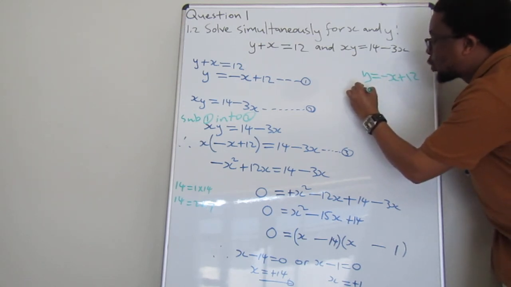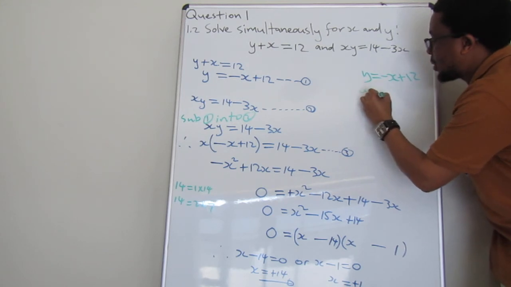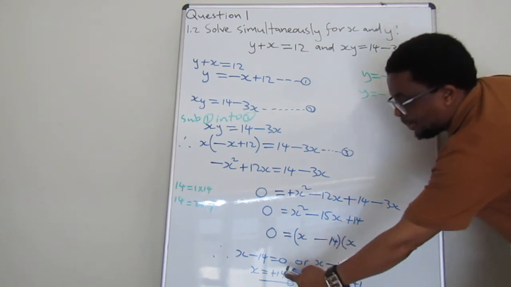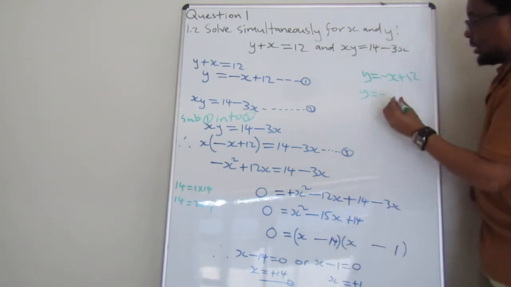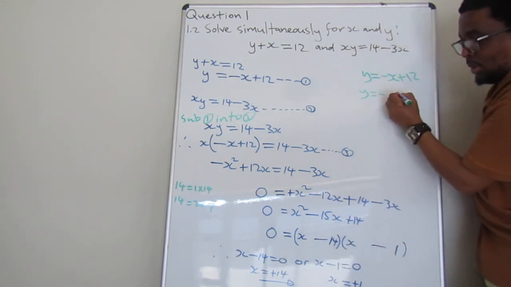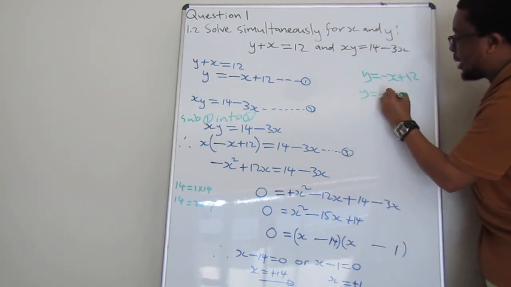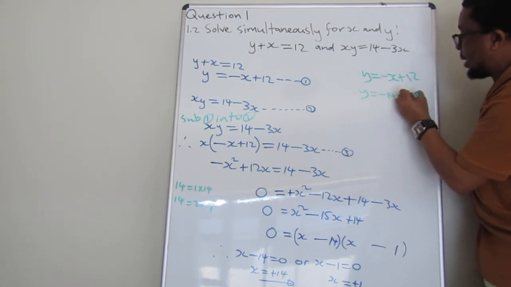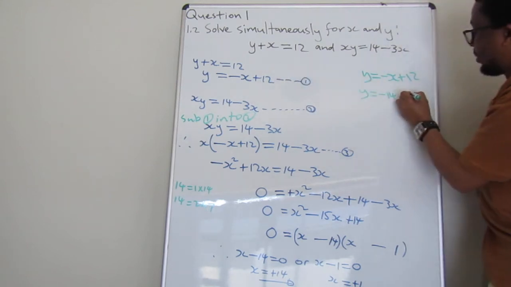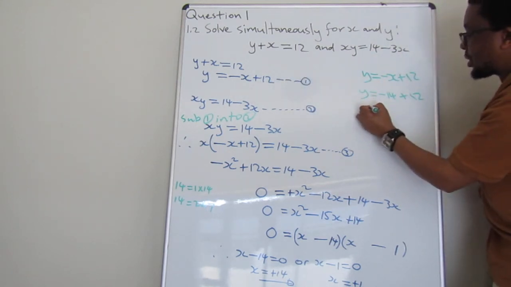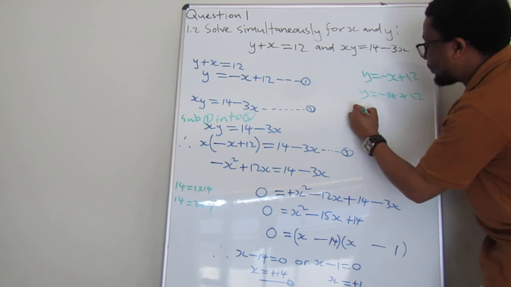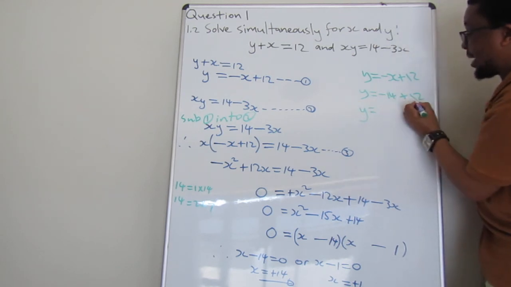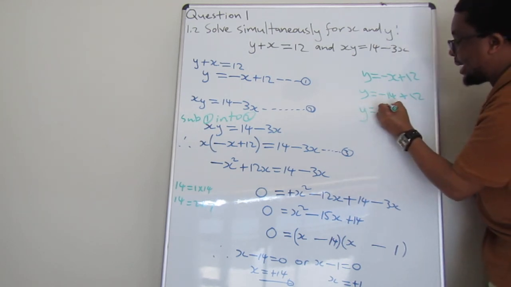Now, what will y be if x is equal to 14? Positive 14 times negative is negative 14, plus 12, which is equal to y equals minus 14 plus 12. It gives me a negative 2.